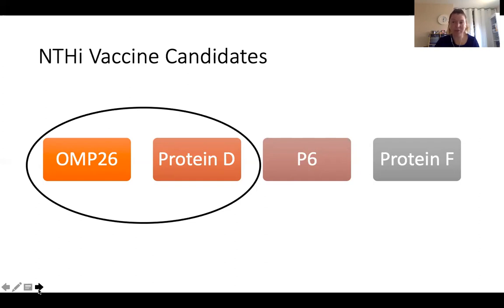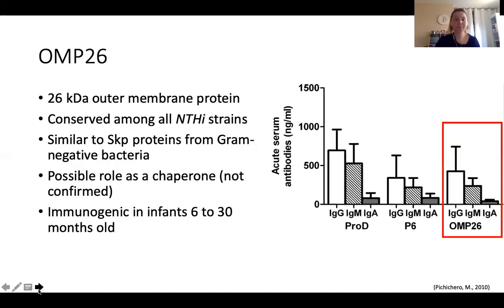Just wanted to expose you to the other 2 as you're going to see them present in the preliminary data. So to give some background on the proteins themselves, OMP26 is also known as outer membrane protein 26. It is 26 kilodaltons in size, so it's a fairly small protein. However, it is conserved among all of the NTHI strains. So that's good. It has broad coverage, just like we want.